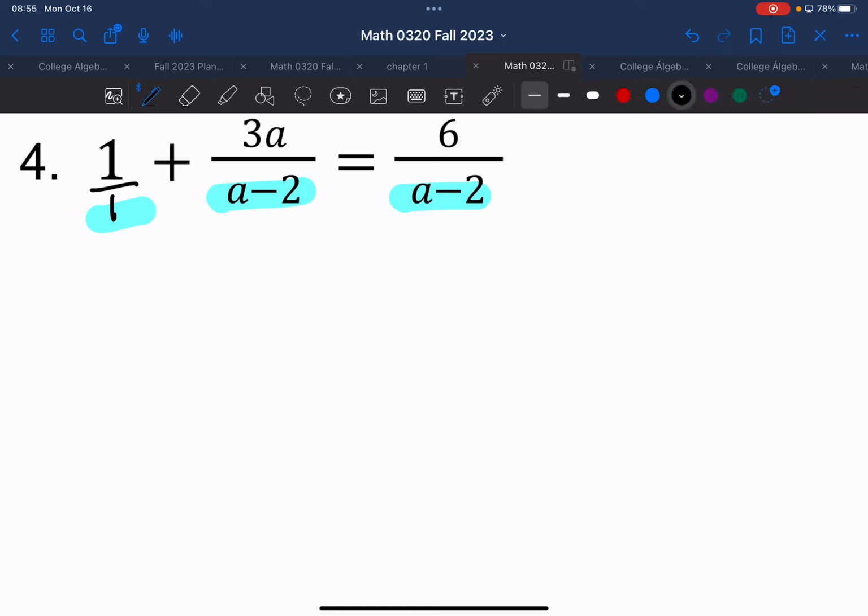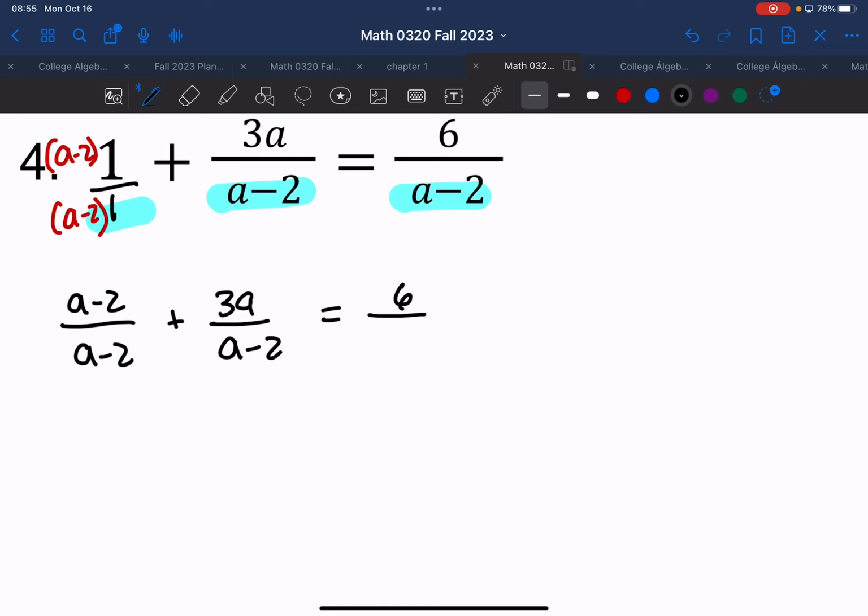A minus 2. And the only fraction that's changing here is which one? The first one. So a minus 2 over a minus 2, and then everything else stays the same. So I'm just bringing down the rest of my equation.